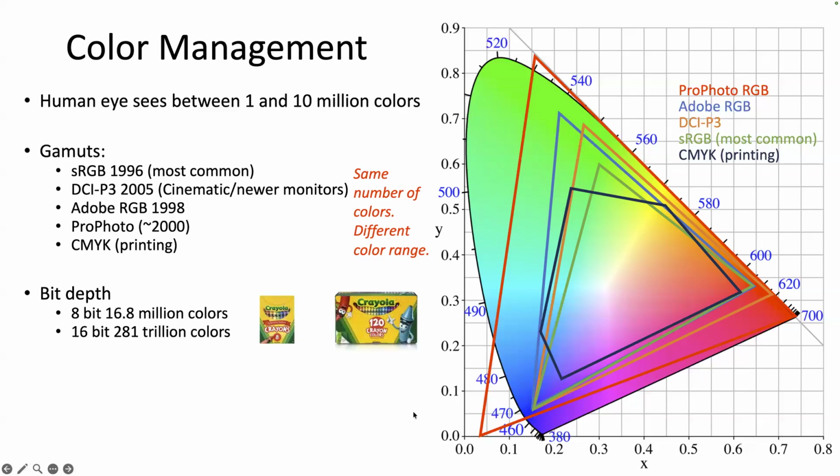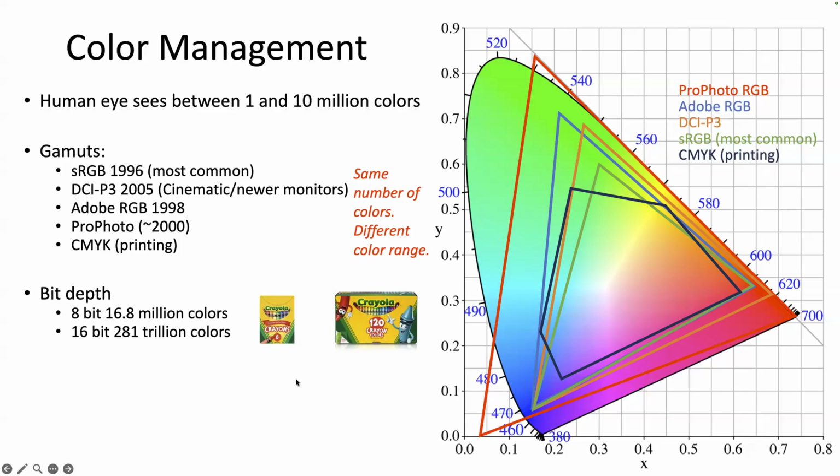Let's talk about bit depth real quick, right? So when you're working in Photoshop, or Lightroom, it'll ask you 8-bit or 16-bit. People will go to 16-bit and say that's a better thing because it's more colors. But here, remember, the human eye only sees about 10 million colors. So 8-bit is perfectly fine, right? The 8 box of crayons is just fine.